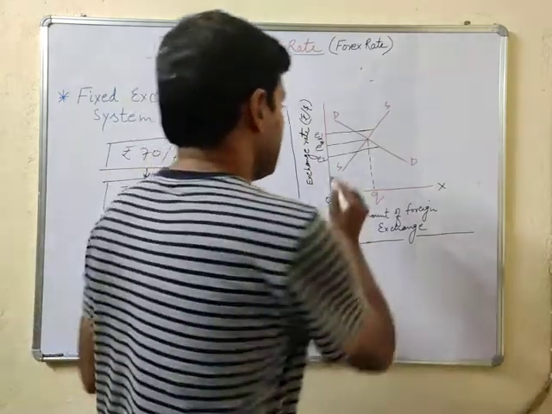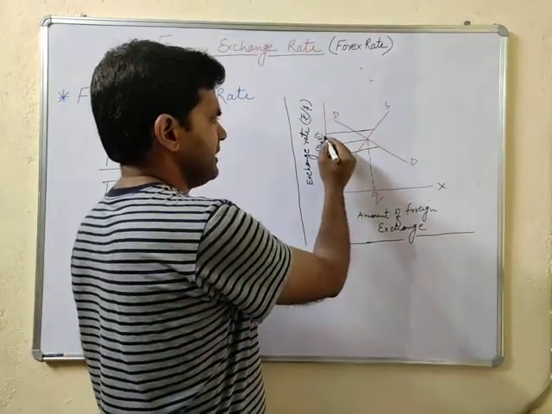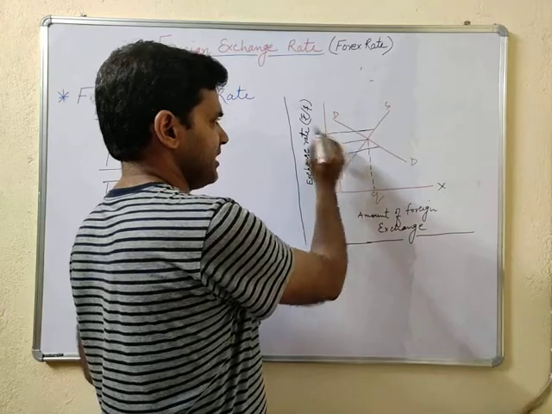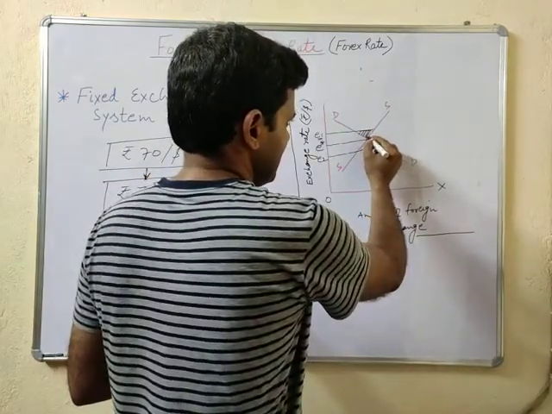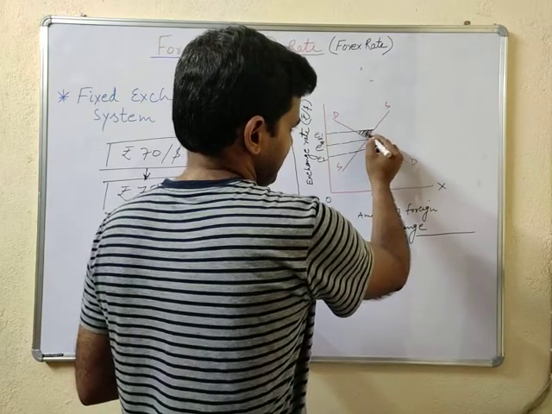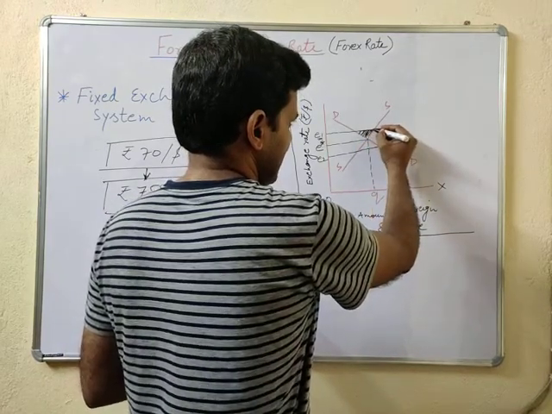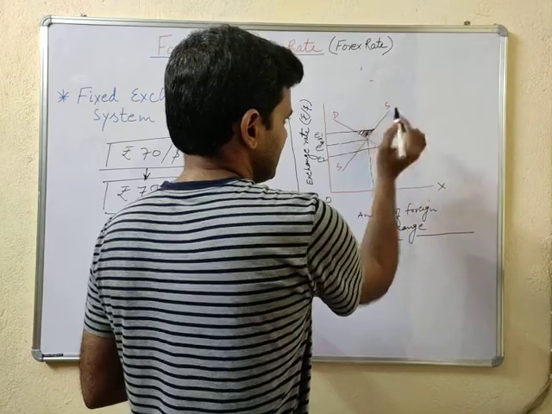And what will happen at E1? Suppose the government fixes the exchange rate from E star to E1. Now here this gap shows the excess supply, because here the supply is greater than the demand.